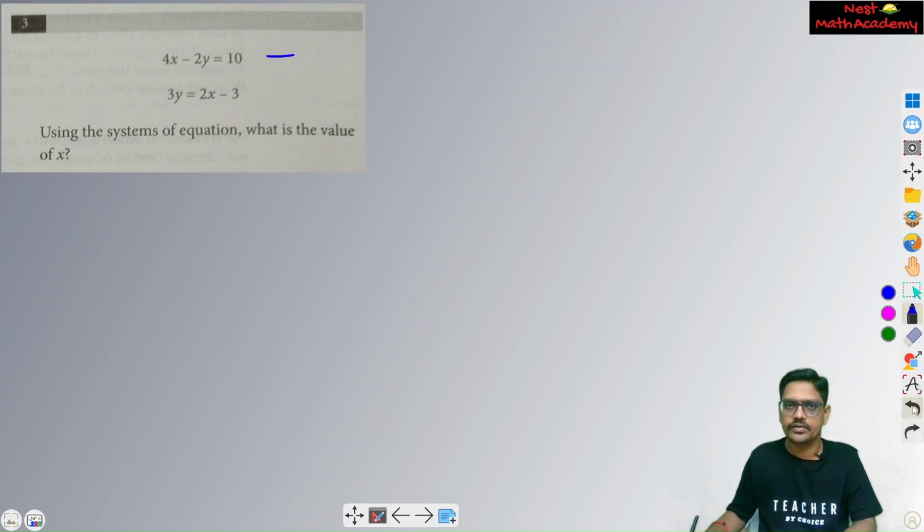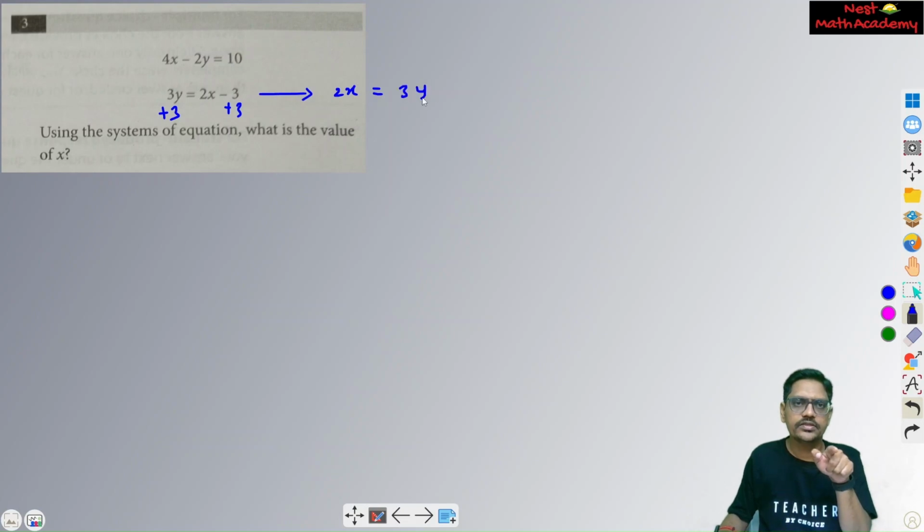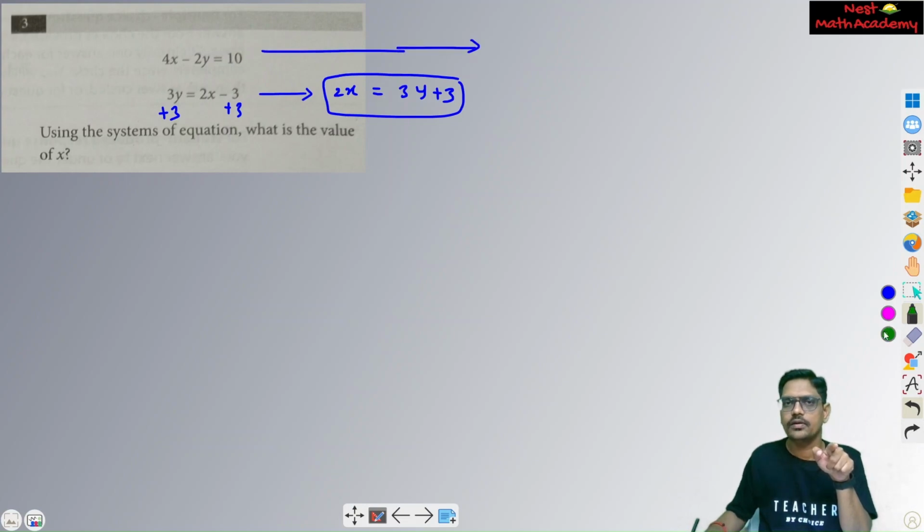substitution anyway. So what I'm going to do, the second equation, add 3 on both sides. Then I'll get 2x is equal to 3y plus 3. Let it be like this now. Now from equation 1, this 4x I would like to write as 2 times 2x, minus 2y.